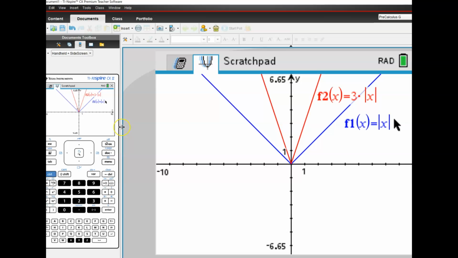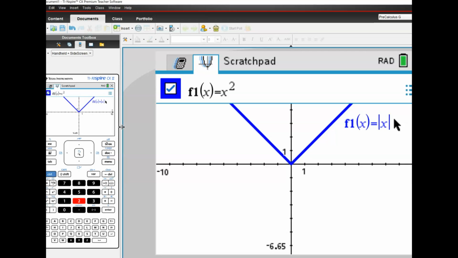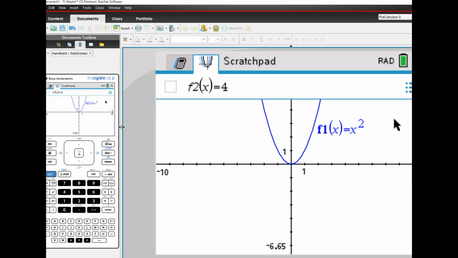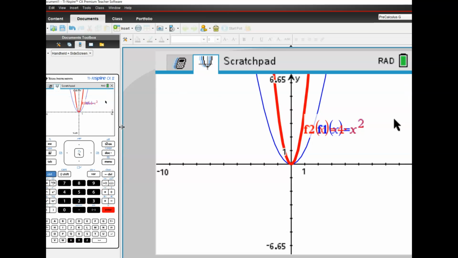So go back to my calculator. Have to scroll up to delete the functions. So we have x squared. And we want 4 times x squared, right? So 4 times x squared. Interesting. What's happening here? It got skinnier. Okay, cool.